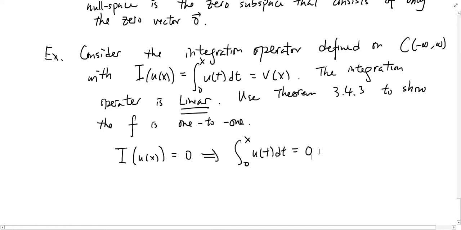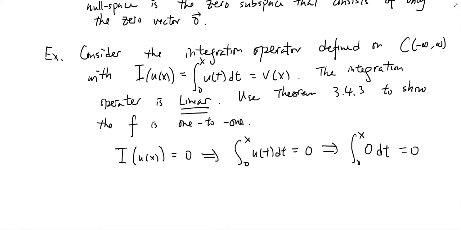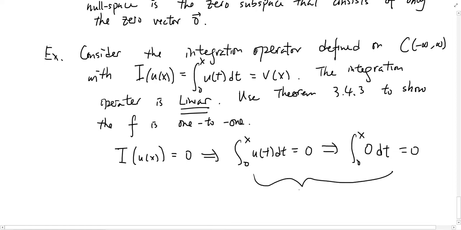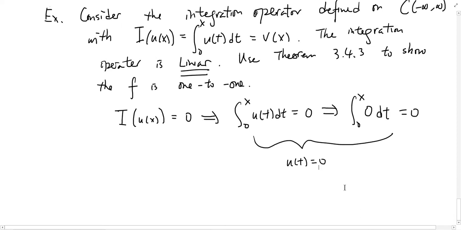And that only allows one possibility, which is when you integrate 0. When you integrate 0, what you have is basically the horizontal line that is the x-axis. So no matter where you choose x, the area between the x-axis and the x-axis is always 0. So that indicates that the only solution to this equation is just the 0 function.